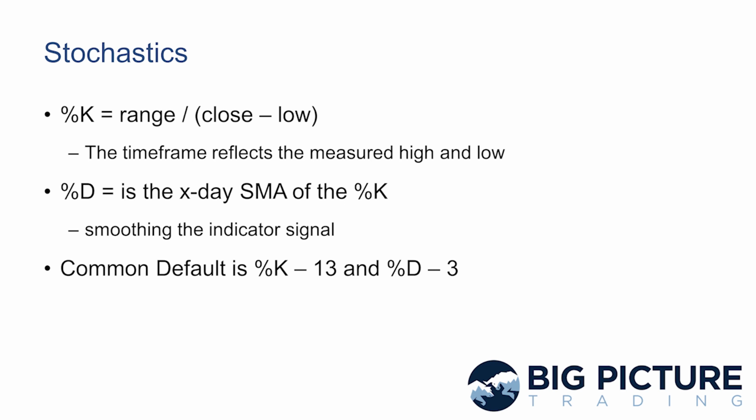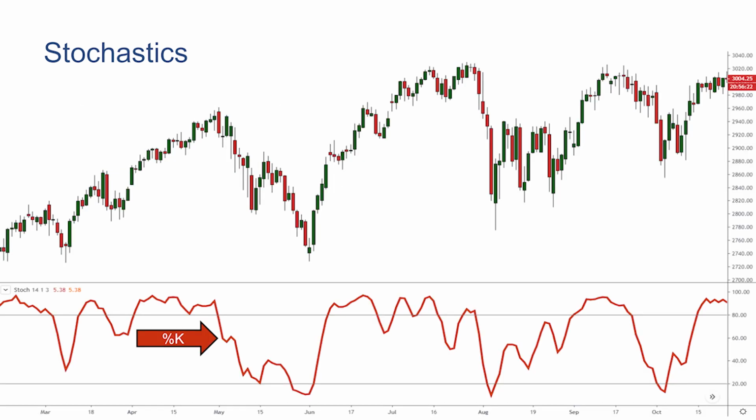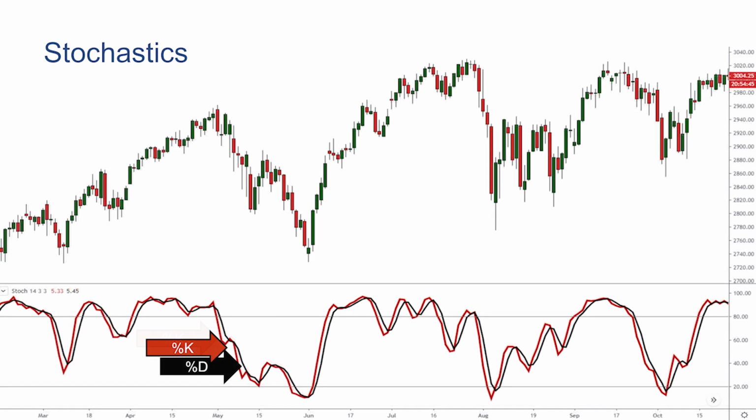So what that looks like when we put it on a chart is you can see here that when I have this chart of the security, the percentage K looks no different than an RSI or the initial MACD line, but it is mathematically computed a different way. Now, we're going to overlay a moving average on top of that.